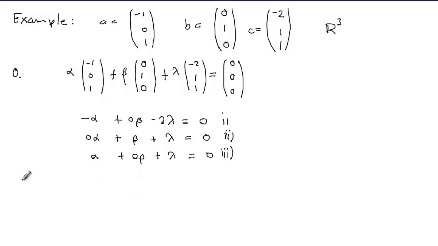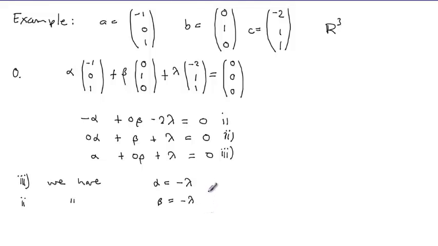In this case, from equation 3, we have that alpha is equal to minus lambda. Then also from equation 2, we have that beta is equal to minus lambda.